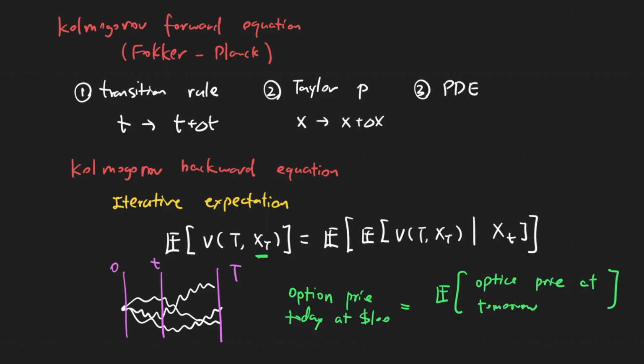Because we don't know tomorrow's stock price, the option price is random. That's why we need to take the expectation of it, and that equals the option price today.